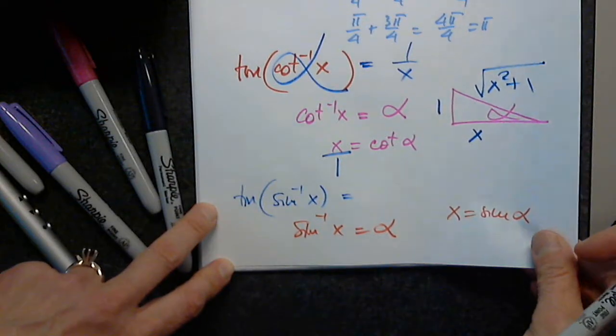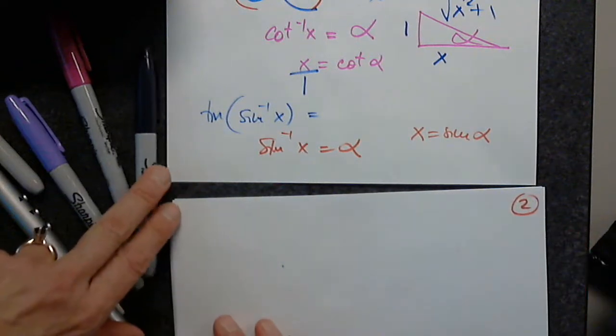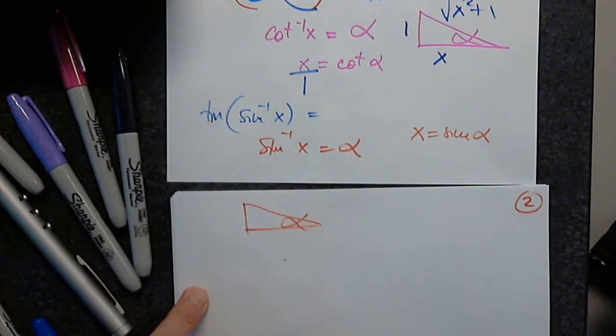So this is a new problem. And then, yes, so there is an angle alpha. And now, yes, now this is x over 1. Because it's the opposite over the hypotenuse. Correct? Yeah. So now how do I determine this leg?